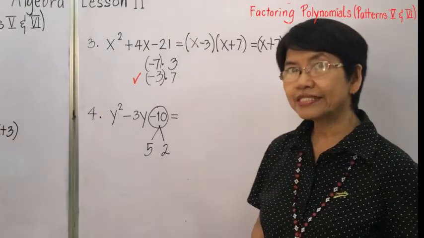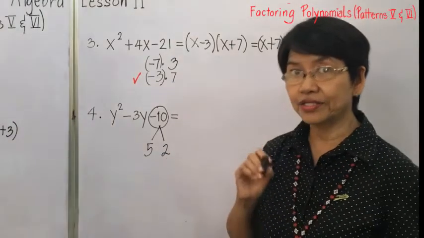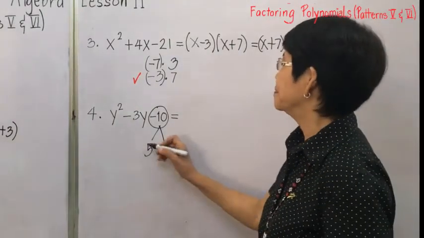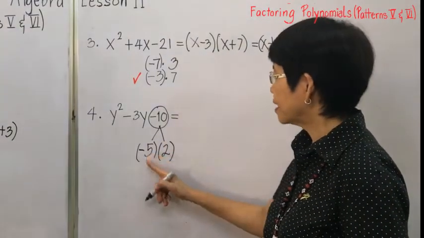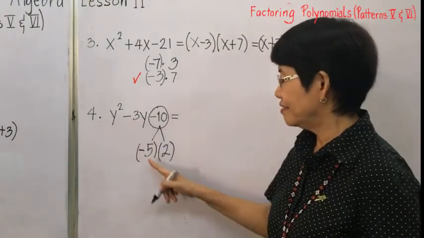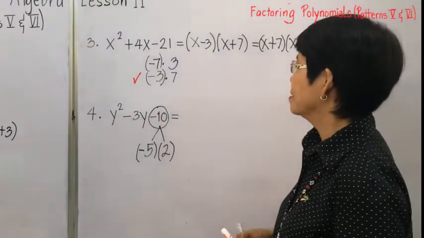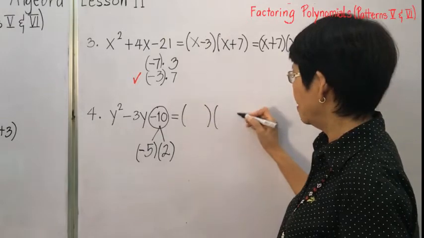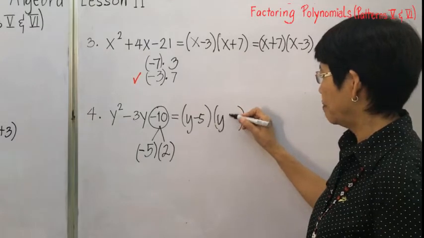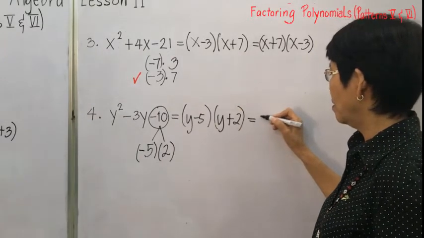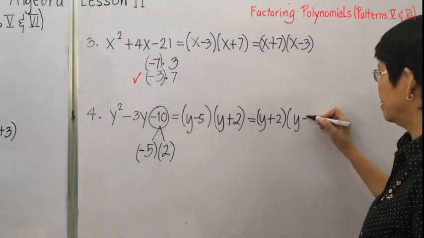And we will assign the negative number to the number with the larger absolute value. So this is negative. Why? Because we have to get a negative 3 here. If you add these 2, it will result in a negative 3. So our factors are y minus 5 and y plus 2, or y plus 2 times y minus 5.